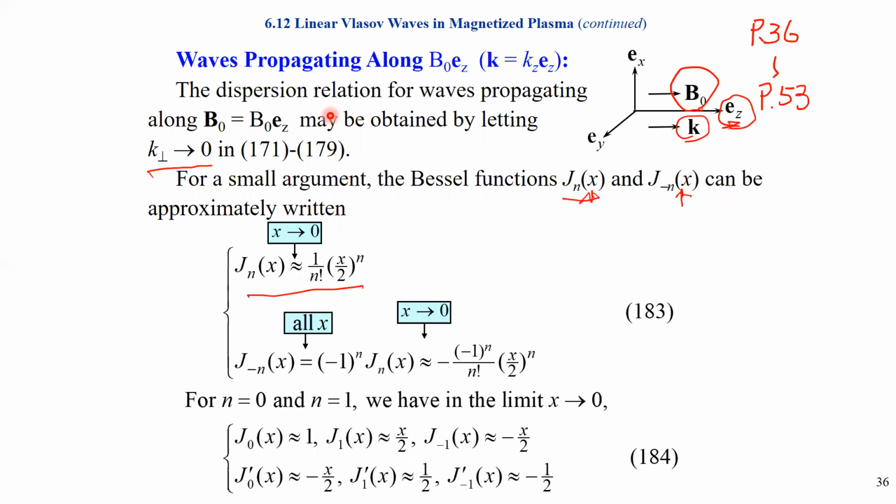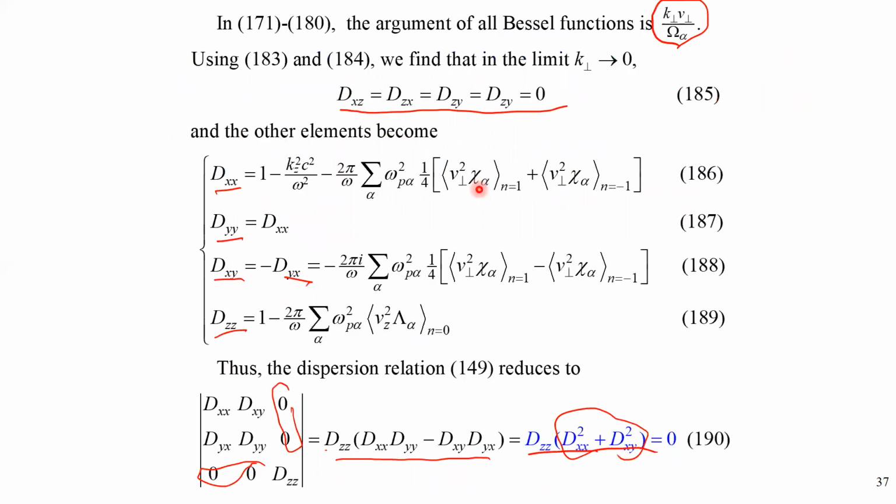So first, let's assume the wave is propagating in the z direction, same as the magnetic field. So we can calculate all the coefficients, and eventually, by doing so, we have these relations. The solution is easy.